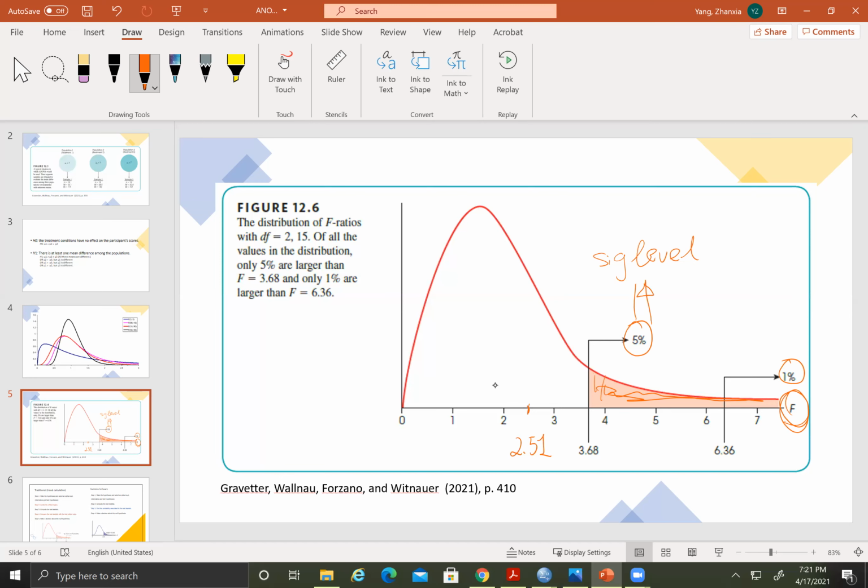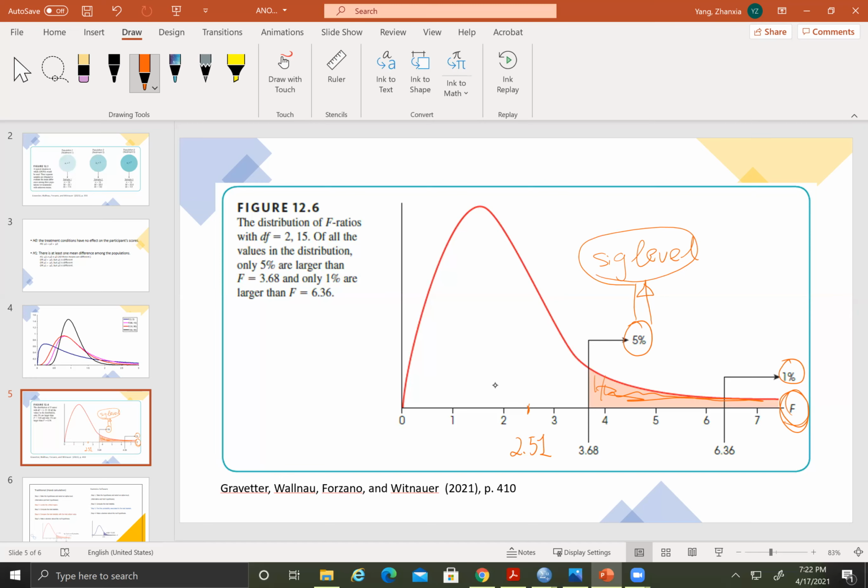If the probability is very small, that means it's very rare under this assumption, so we would reject the null hypothesis. And how small? The cutoff point is our significance level, 0.05 or 0.01.